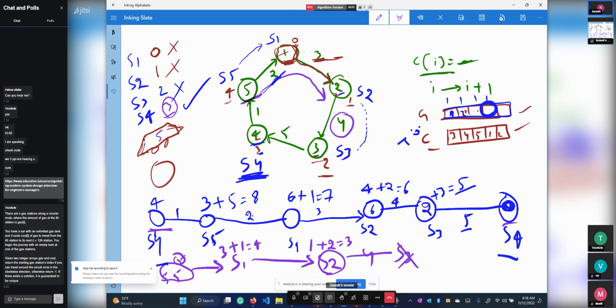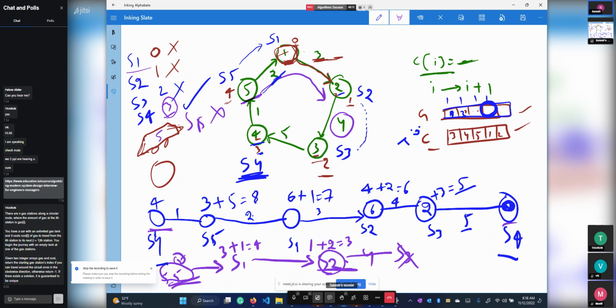The starting station is S5 and the ending station is S2, which is not equal. Then you say, hey, there is no solution with that. S5 is not a correct station to start. So that's how it is.